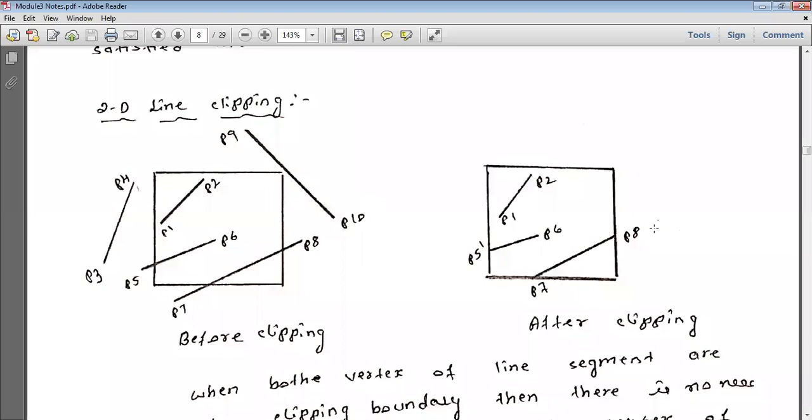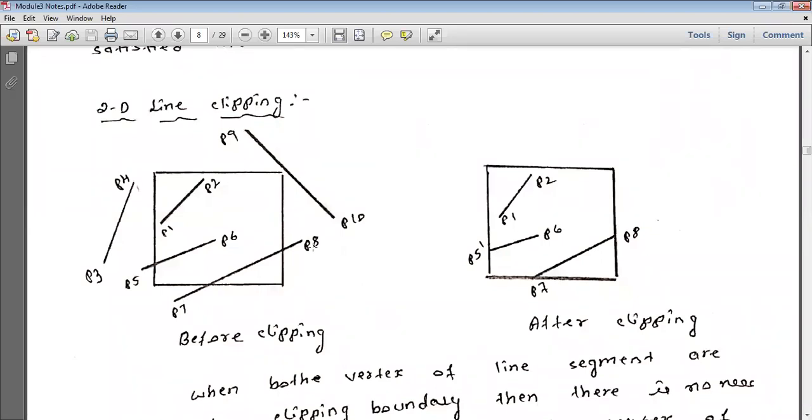These three conditions we will be checking now: how to instruct my computer to retain the complete line inside, how to instruct it to delete the complete line, and how to instruct it to retain only the specific part of the line which is inside and delete the outside part of the line. These three conditions we will be discussing.